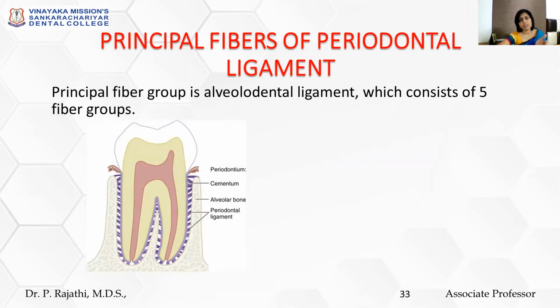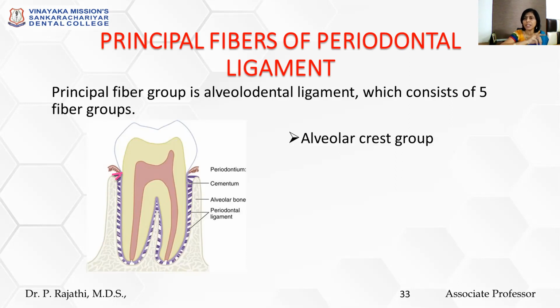So you see in the picture, first is the alveolar crest group. The alveolar crest group of fibers originates just beneath the junctional epithelium. And what is alveolar crest?